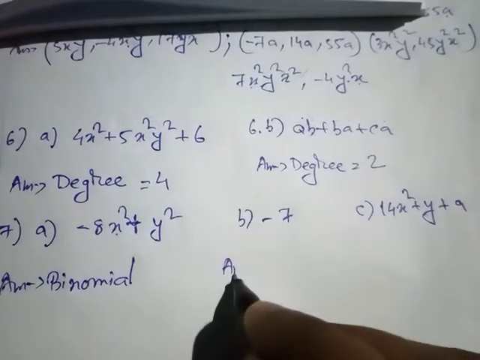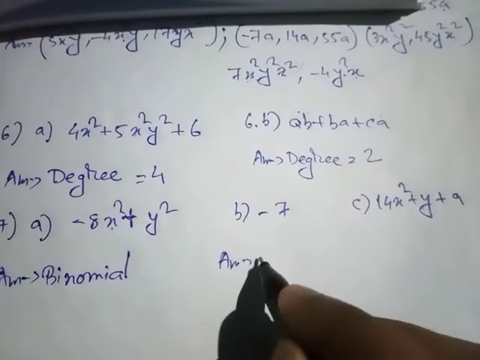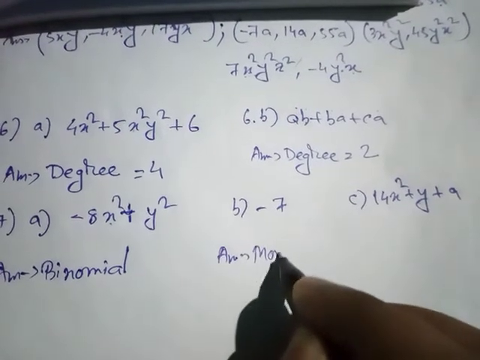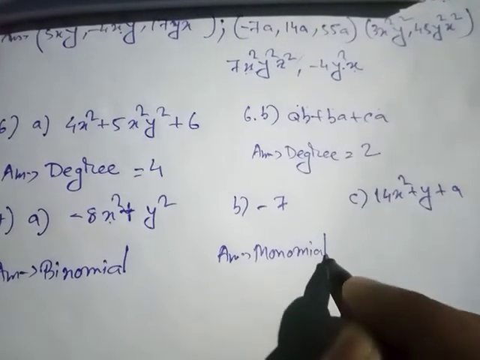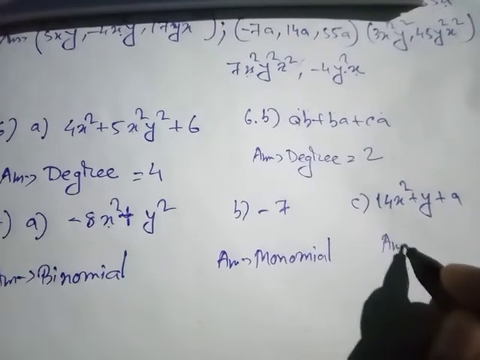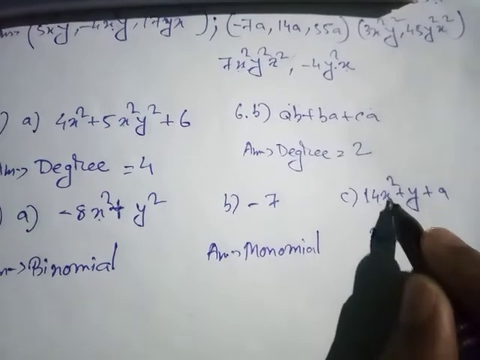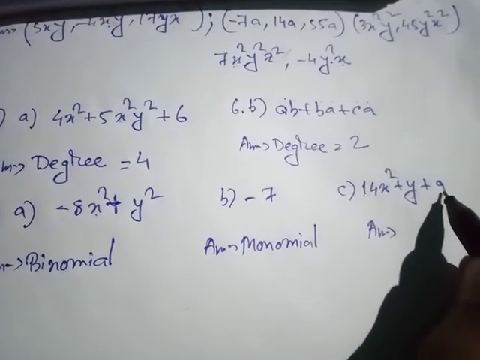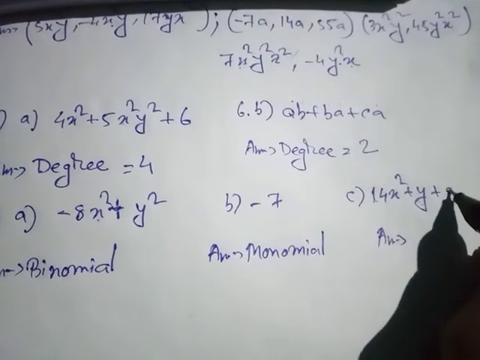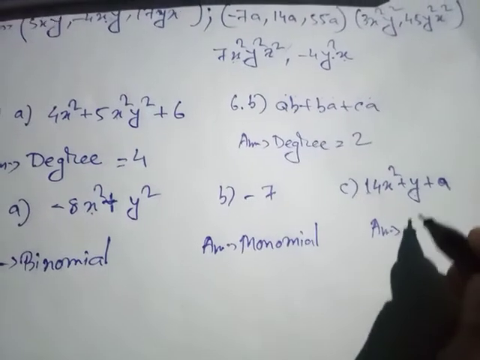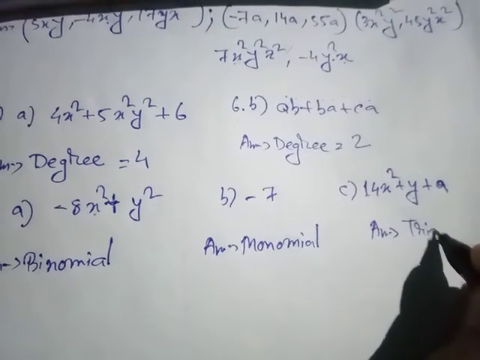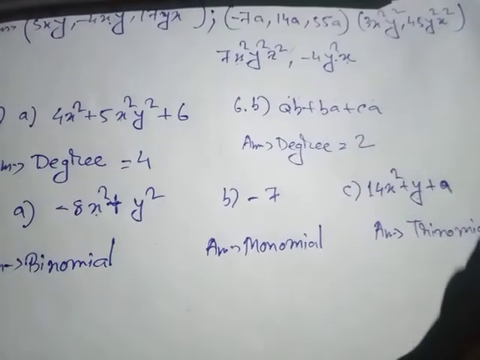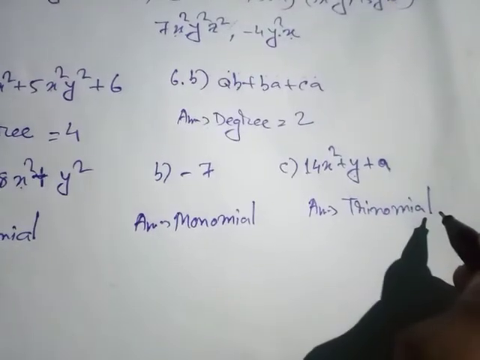Then minus 7 has only one term, so it is monomial. And question C is 14x square, the first term, y the second term, and a the third term. 3 terms are there, so it is trinomial.